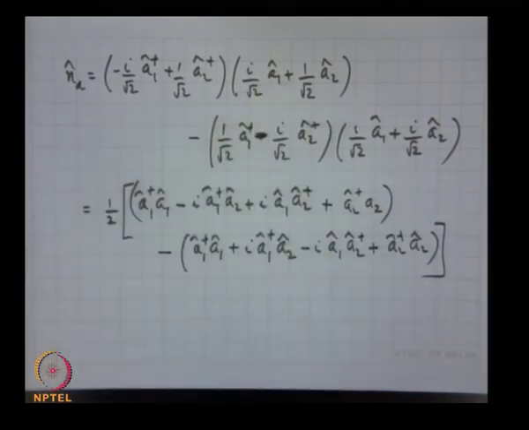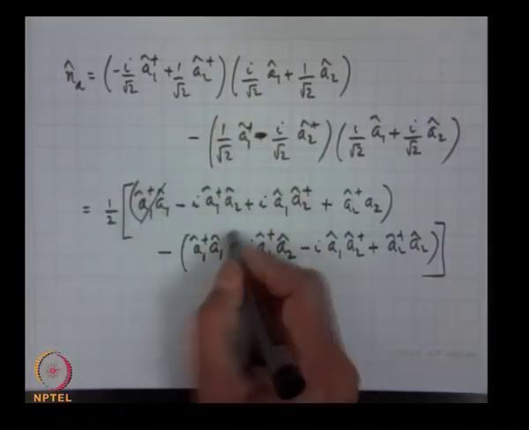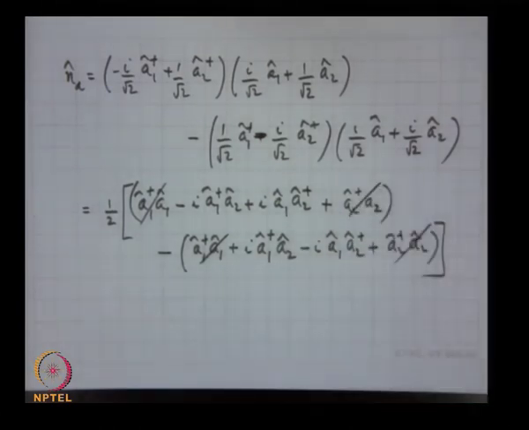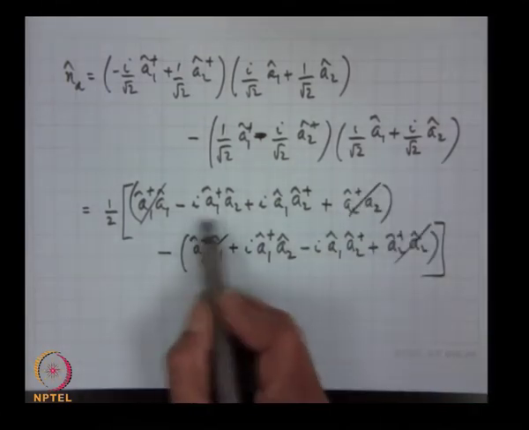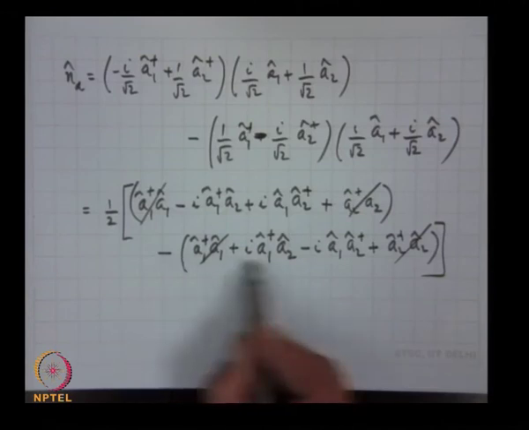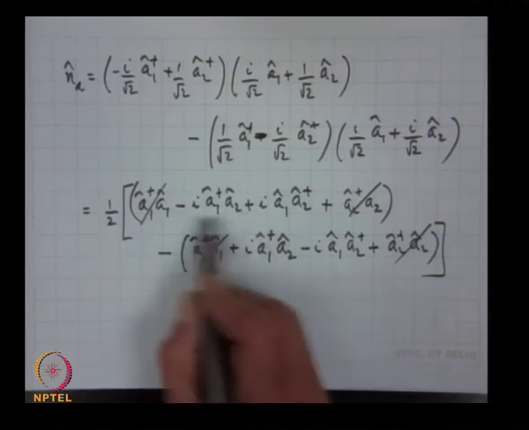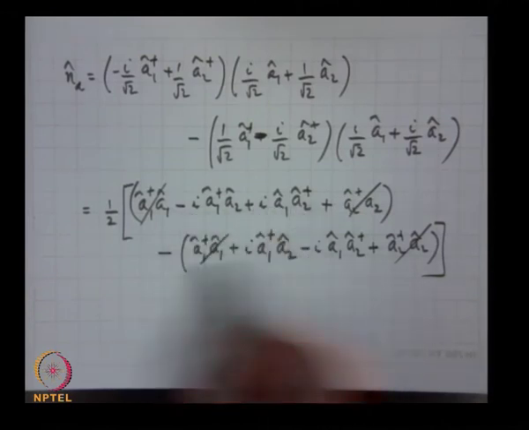A3 dagger A3 minus A4 dagger A4. This cancels off, this cancels off. Minus i A1 dagger A2 minus i A1 dagger A2 plus i A1 A2 dagger plus i A1 A2 dagger.